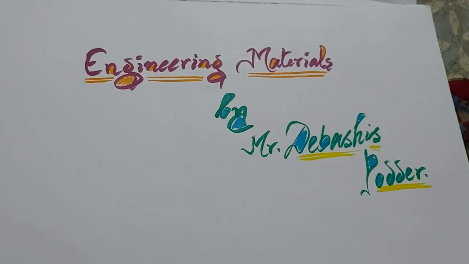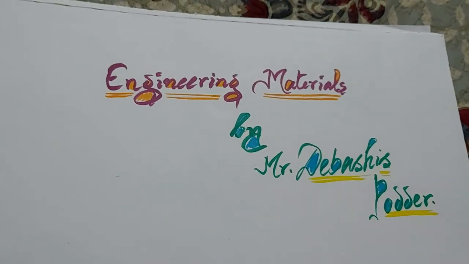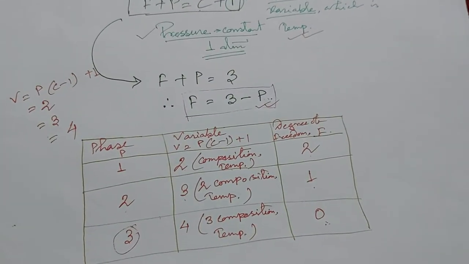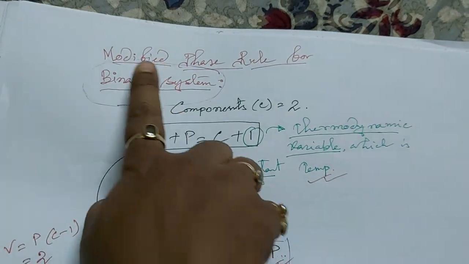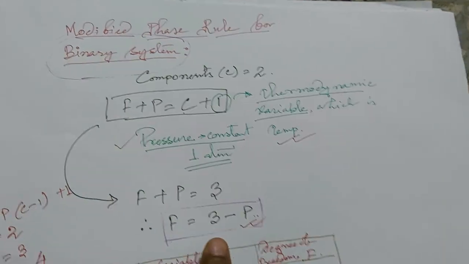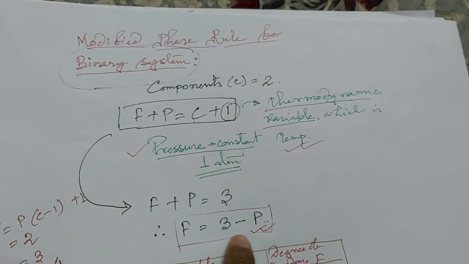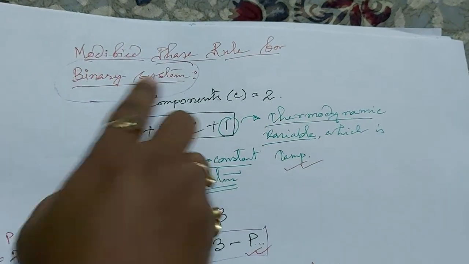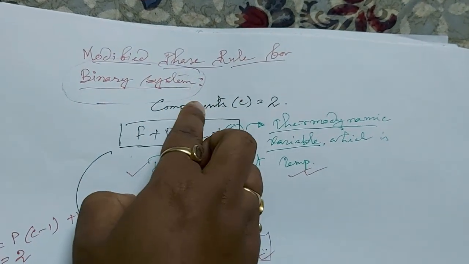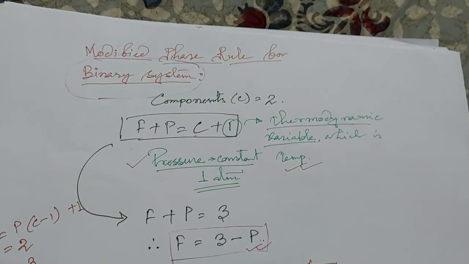Before starting today's class, I want to discuss something I think I missed in my second lecture. I think I told you up to this one, f is equal to 3 minus p, when I talked about the modified phase rule for a binary system.